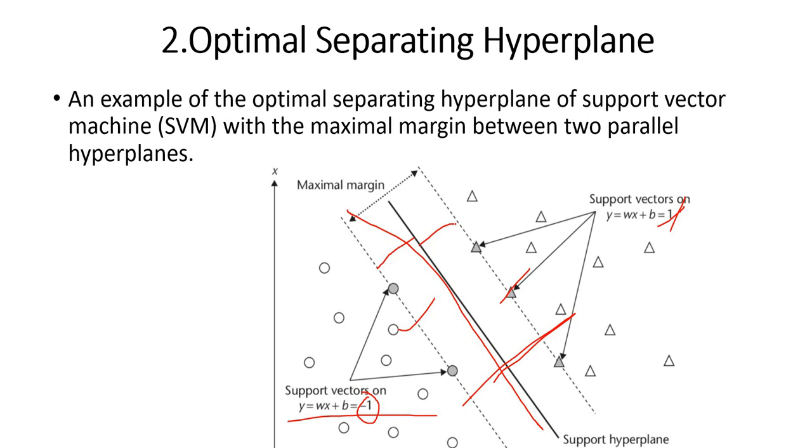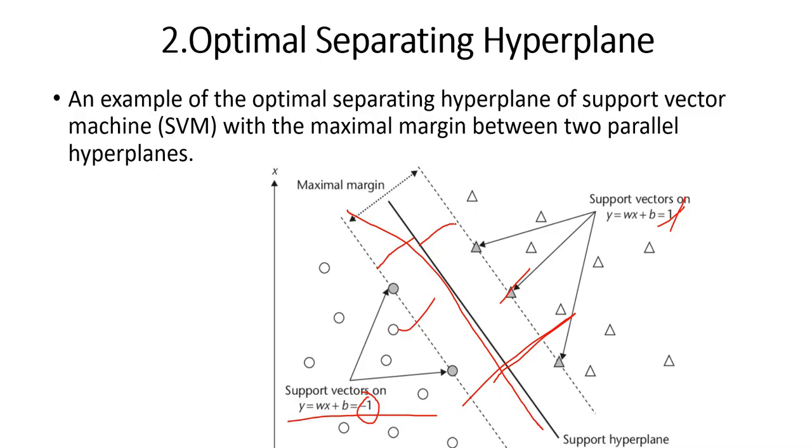Therefore, maximizing the margin gives the classifier a wider separation between the two classes, as you can see in this diagram. The same principles can be applied in applications such as fraud detection, spam classification, medical diagnosis, customer classification, and image recognition.